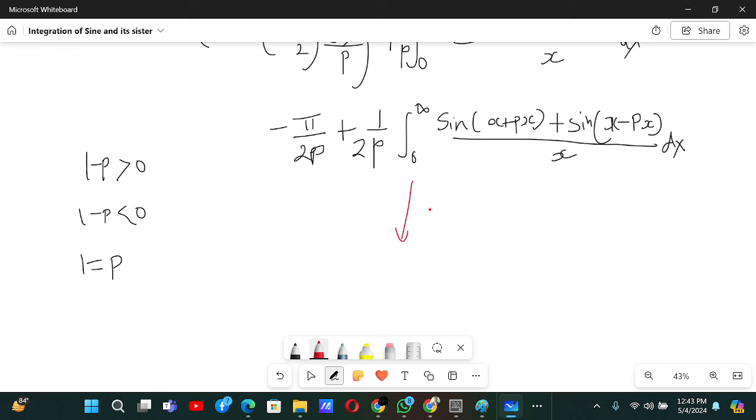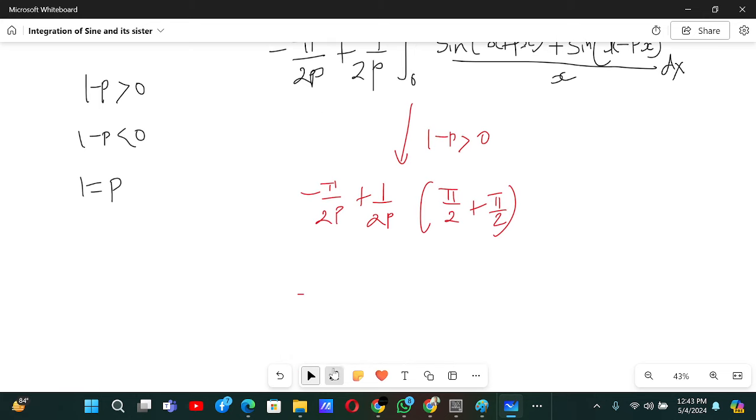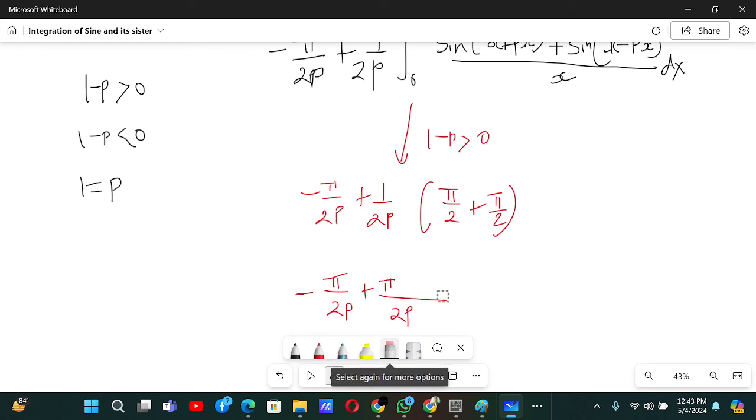The first is in the case of 1 minus p greater than 0. In this case the answer will be minus pi by 2p plus 1 by 2p, and the answer from both sides will basically be pi by 2 plus pi by 2. So we basically get minus pi by 2p plus pi by 2p, which is 0.